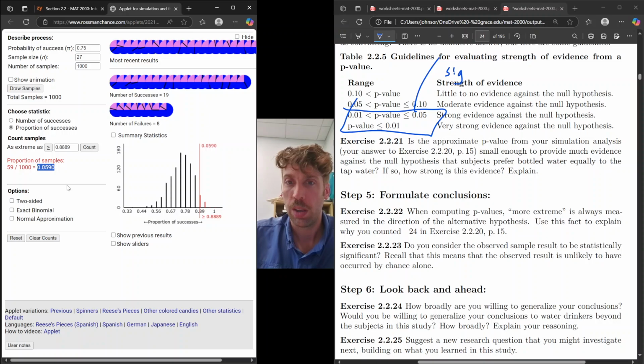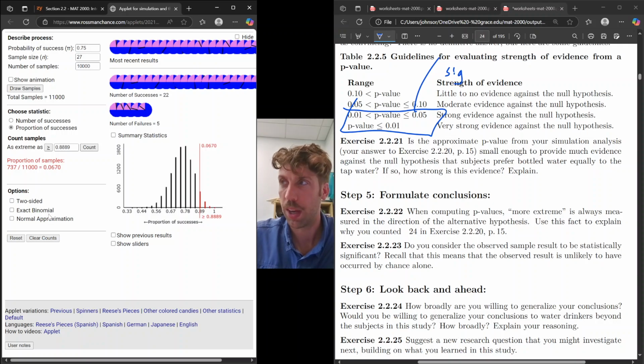And so this example, this is a homework where you should be getting moderate evidence here. And I think once in class, everyone got moderate, and then one person got strong evidence from their simulation. And if that's happening to you, just add another 0 there and draw more samples, and then you get a p-value much closer to the real thing.